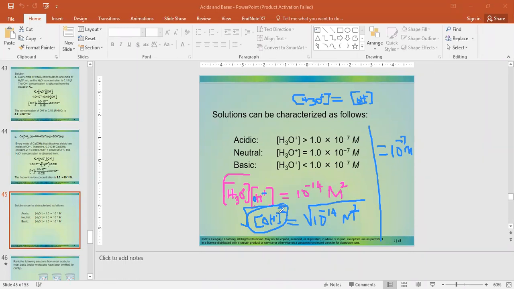So for us to get the concentration of the hydroxyl ion, for us to do away with this square, we get the square root mathematically. That's how it's supposed to be. So we are not dividing by 2. Is it clear?